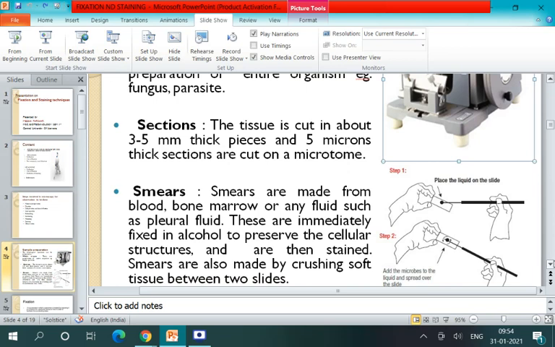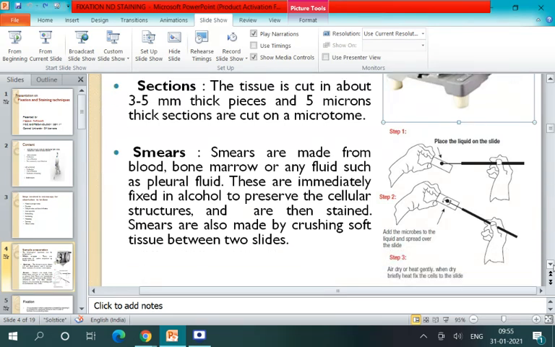In bacterial culture, you can see this image here. We need to take sterile distilled water from the autoclave, and also a sterile inoculating loop.